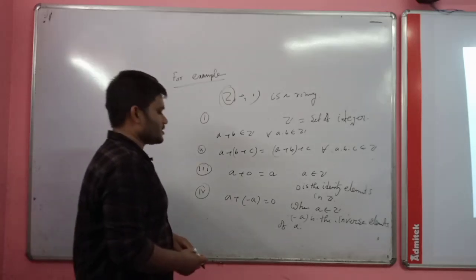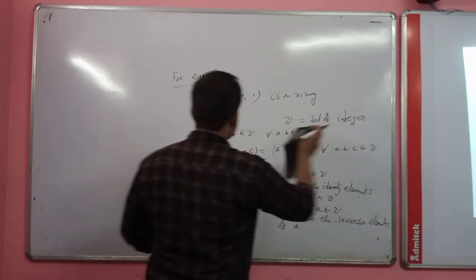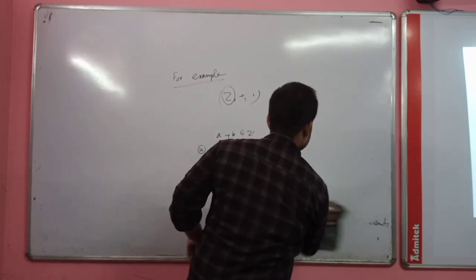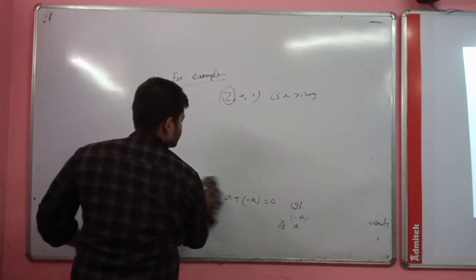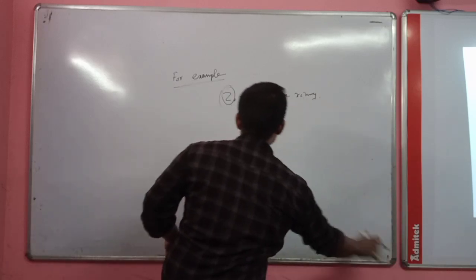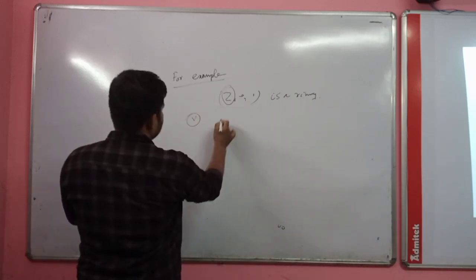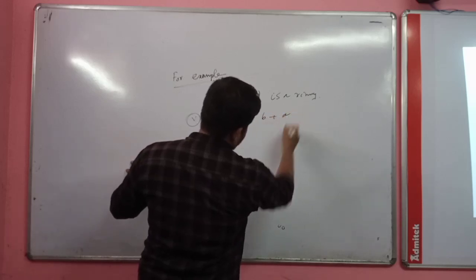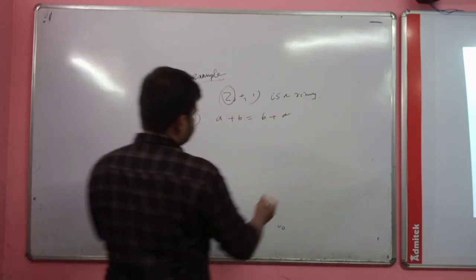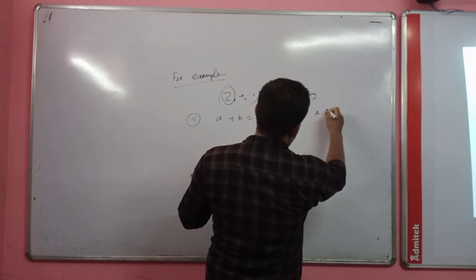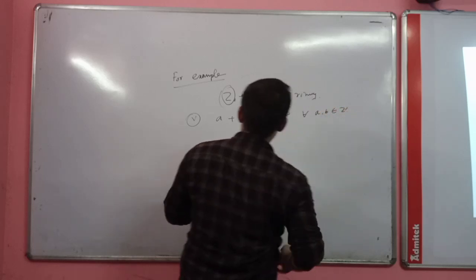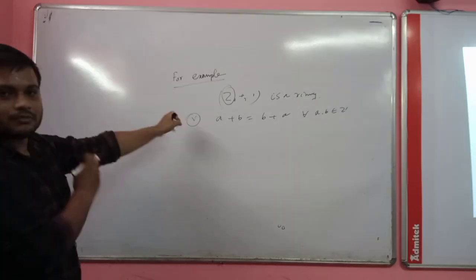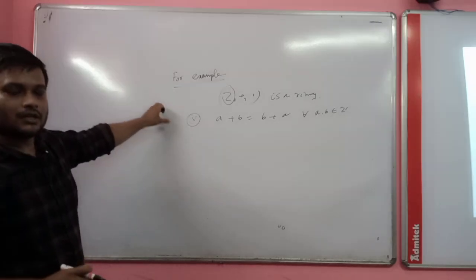Next, fifth condition is a plus b equals b plus a for all a, b belongs to Z. Five conditions are addition is abelian group.